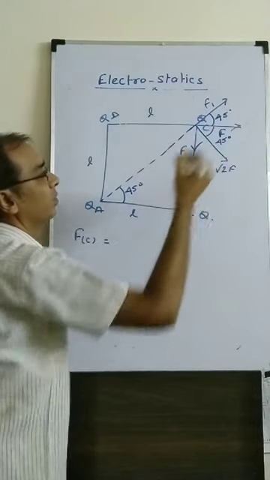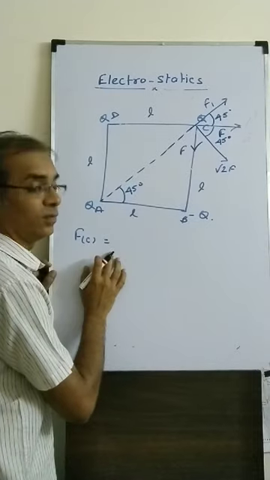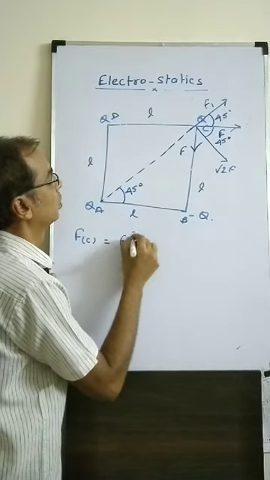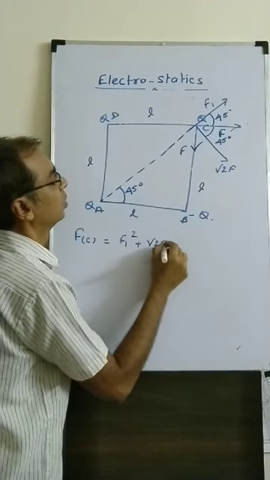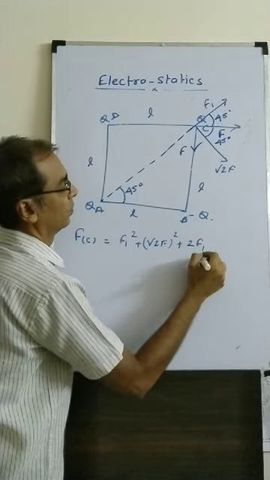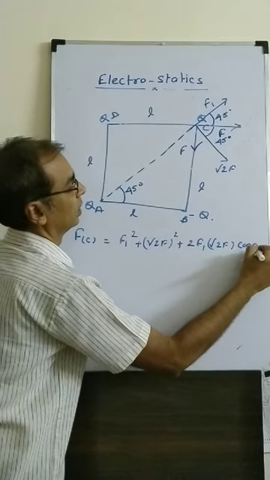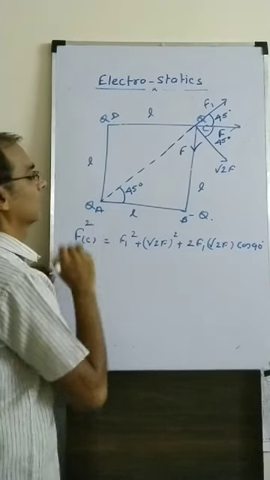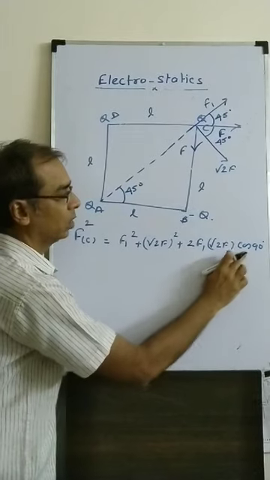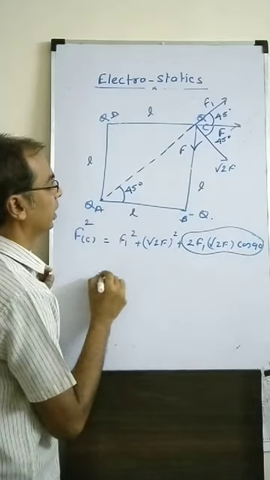So what is the angle between F1 and root 2F? That is also 90. So what will the net force be? Root of F1 square plus root 2F square plus 2 F1 root 2F cos 90 degrees. Cos 90 is 0, so this factor is gone again. What we are getting is F1.